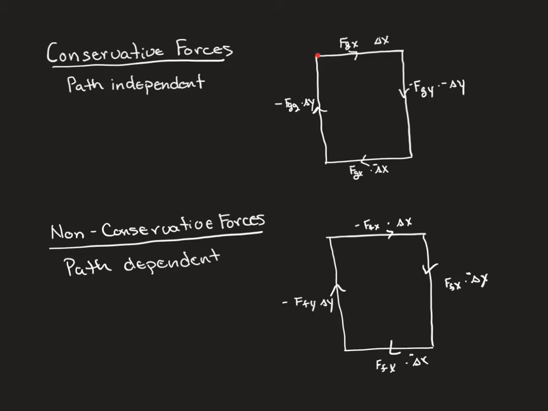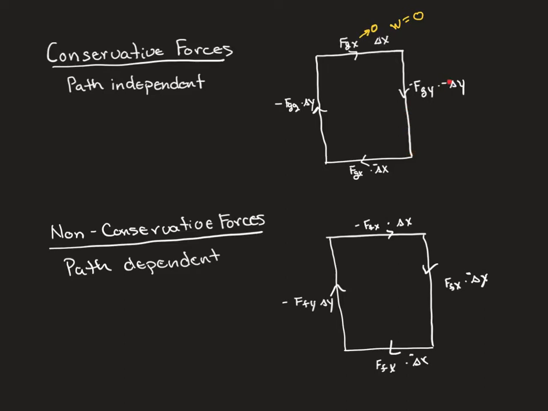However, as I go from the left to the right, the force due to gravity in the x direction is actually 0. So there's no work done as I move it in the x direction. So work here equals 0. Then as I move it back down, the force is still in the negative y direction.